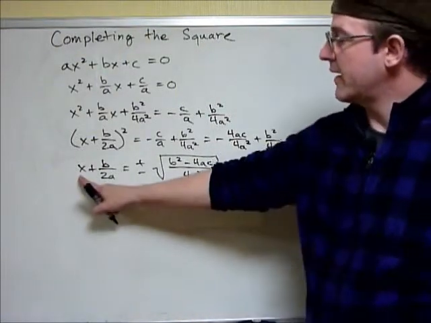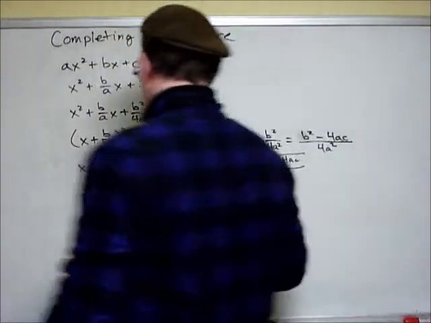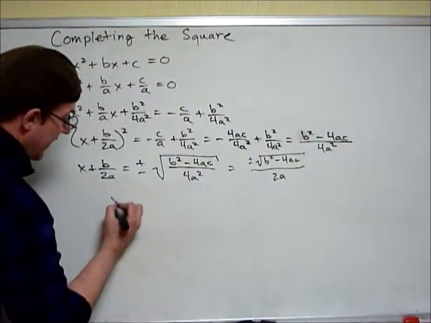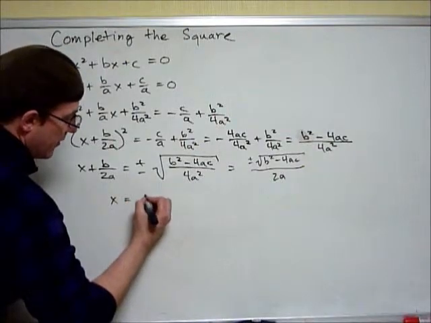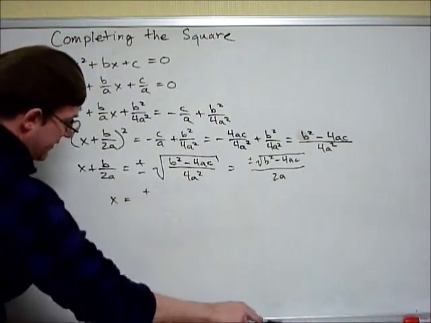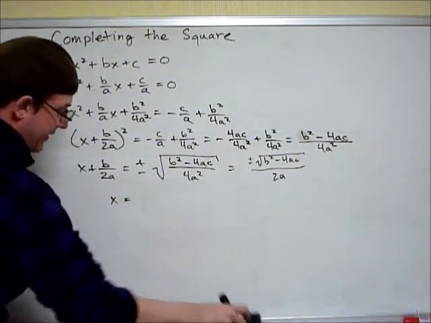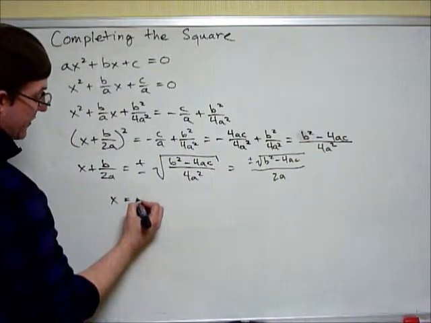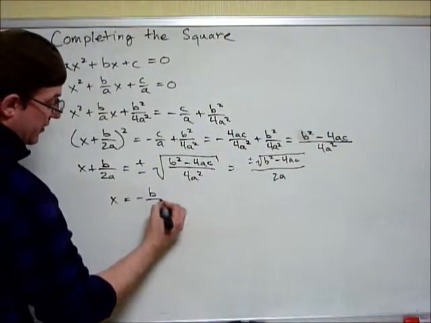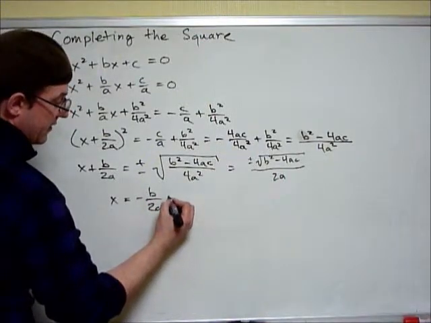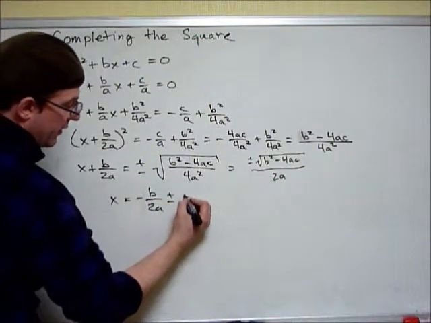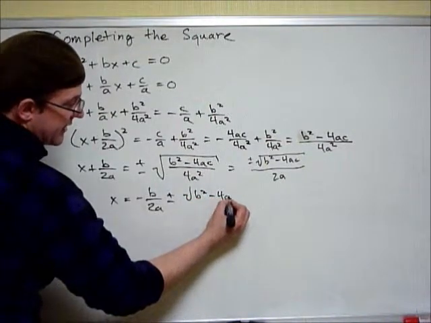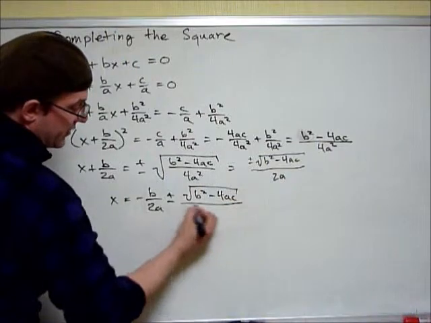Now, I'm trying to get my x by itself over here, so I'm going to subtract this b over 2a from both sides, and I'll get x equals plus or minus, let's do this. Let's put it in front. So we're going to say this is x equals negative b over 2a plus or minus the square root of b squared minus 4ac over 2a.